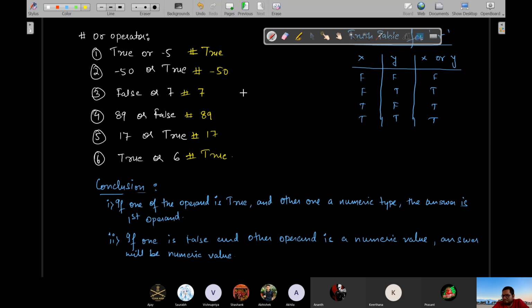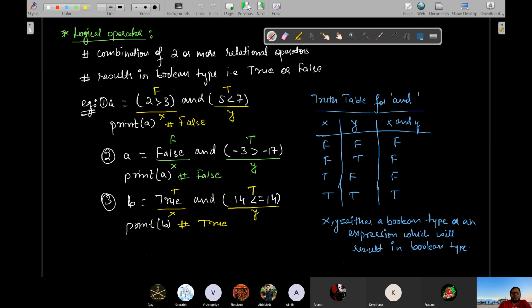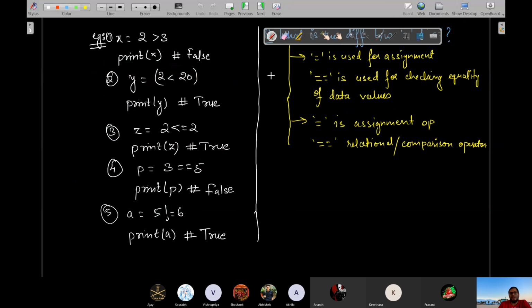तो I hope ये जो इसमें कुछ दिमाग नहीं लगाना है, जो इन लोगों का behavior है involving these two types of operators. That is, we are now comfortable with assignment, augmented assignment operators, arithmetic operators, relational operators and logical operators. Normal cases के लिए उन लोगों का we have seen the truth table as well.